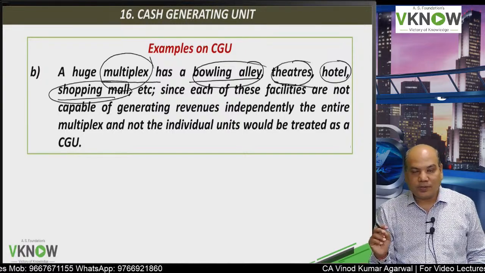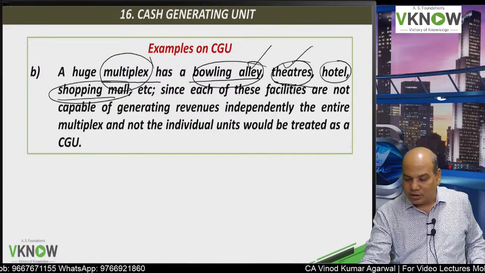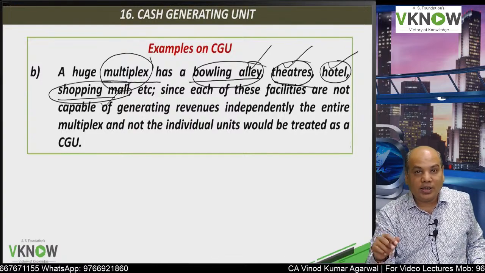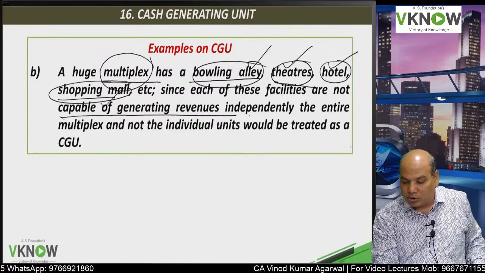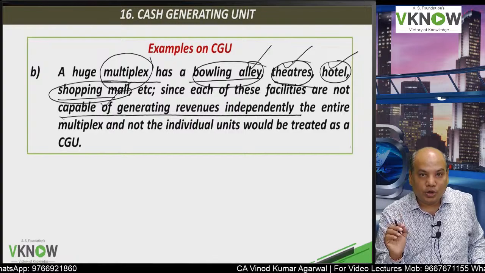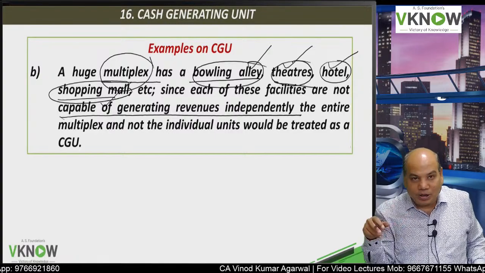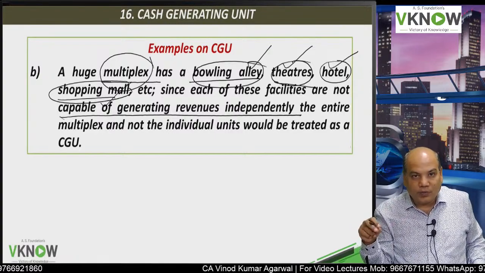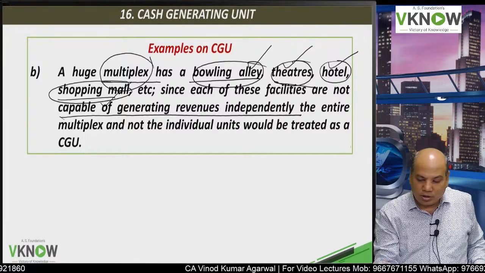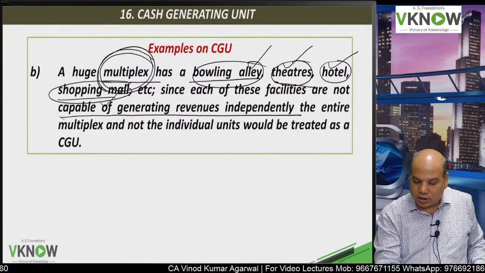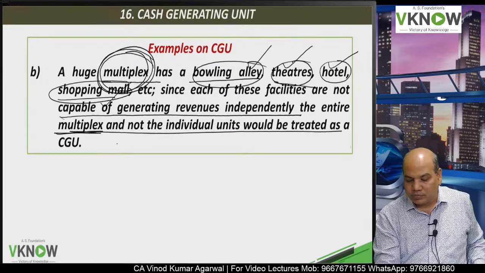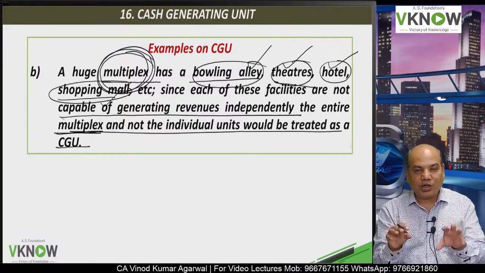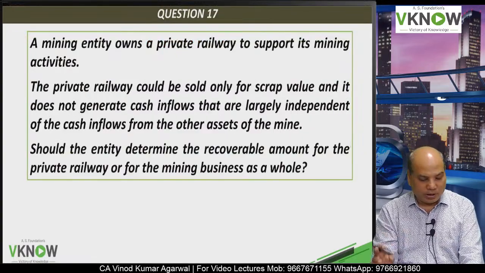One has to check whether these activities generate independent cash flow. If the answer is no, they are not capable of generating revenue independently. They depend on each other. If I have to apply impairment testing, I will have to apply it to the entire multiplex. The whole multiplex will become a CGU and it will be tested for impairment.